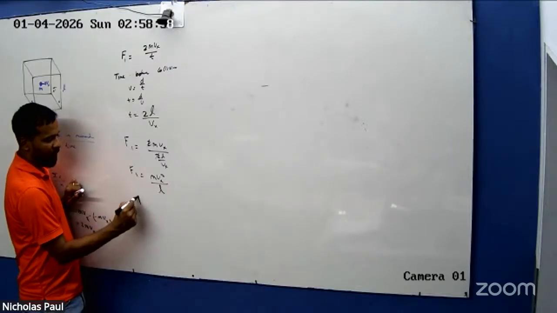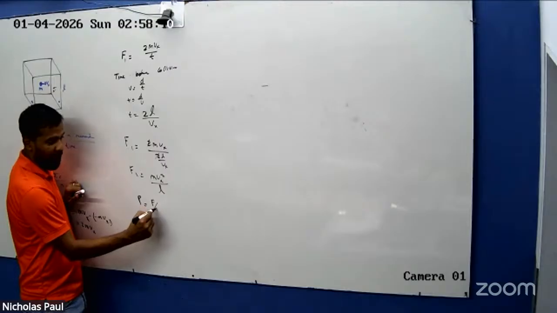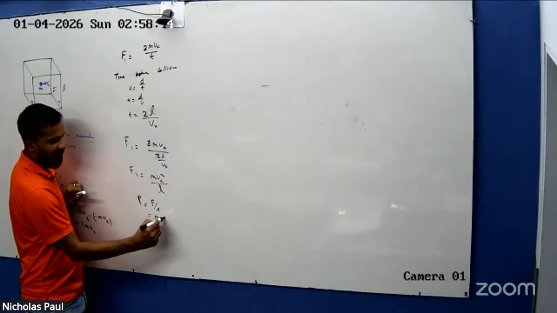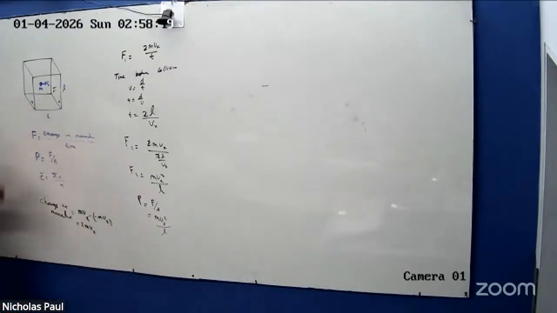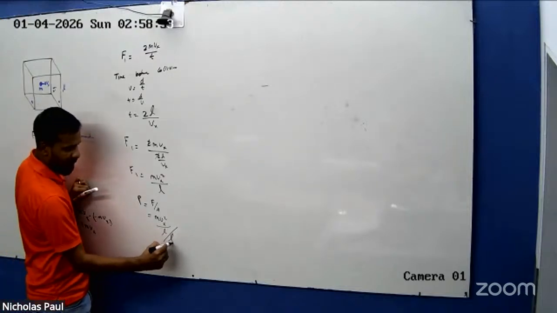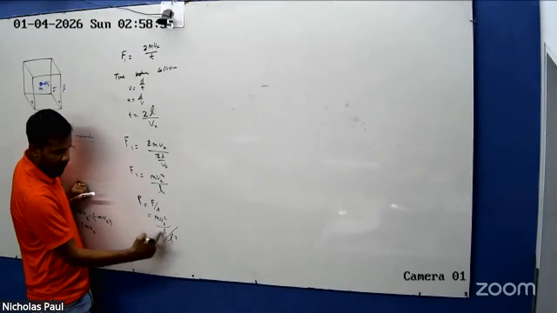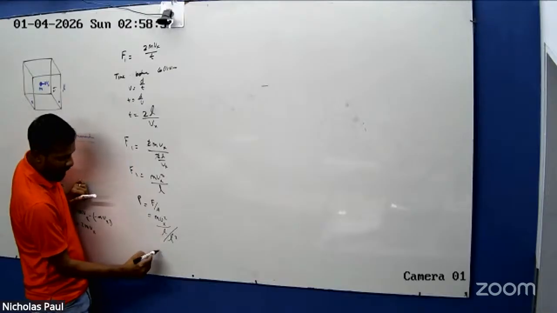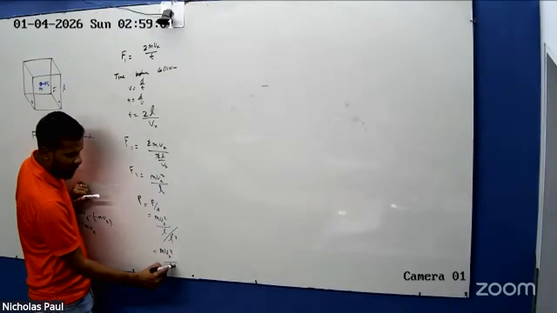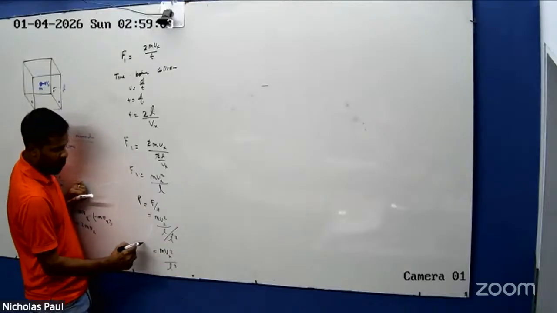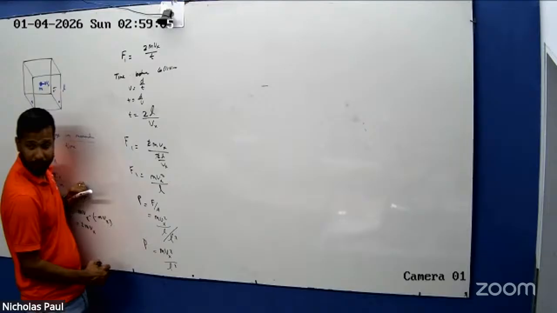Now, pressure is what? Force over area. So the force is mVx squared over L. Let's find the area. What's the area of one of these sides? L by L, so I can divide by L squared. It will flip up, and you will get mVx squared all over L cubed. What's L cubed?